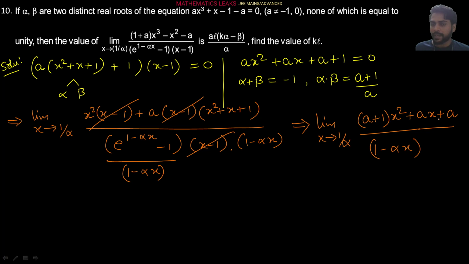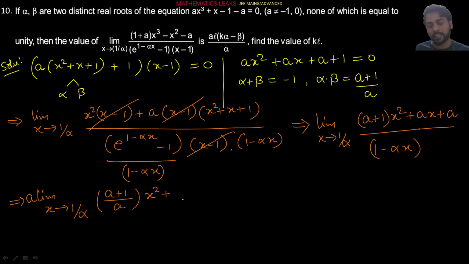From this in the numerator, if we are taking a common here, so limit x tends to 1 upon alpha, it is a we are taking common, so it is a constant not equal to minus 1 comma 0, so a is coming outside of this limit operator here, right? And this one part is what here, a plus 1 upon a into x square plus ax upon a cancel, x plus 1 upon 1 minus alpha x, right?